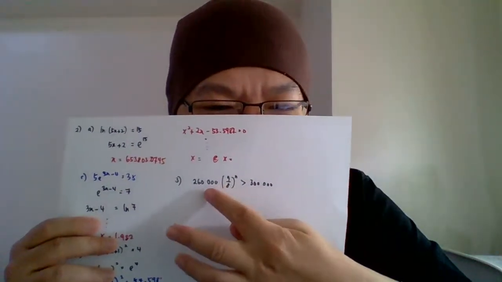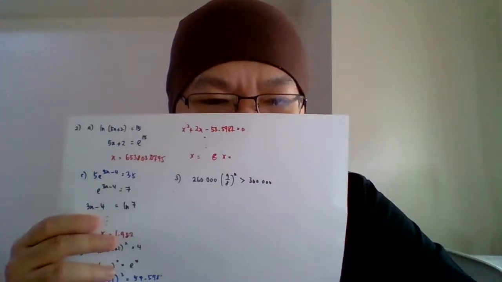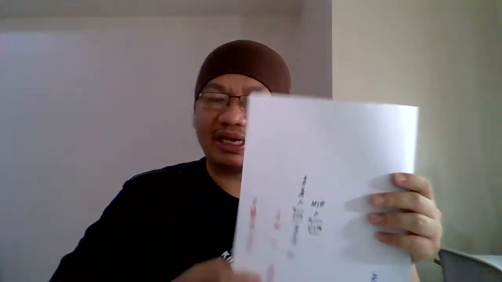So the first step, simplify the numbers first. That means 300,000 divided by 260,000. We are supposed to get 9/8 power n more than 15/13 after we simplify.